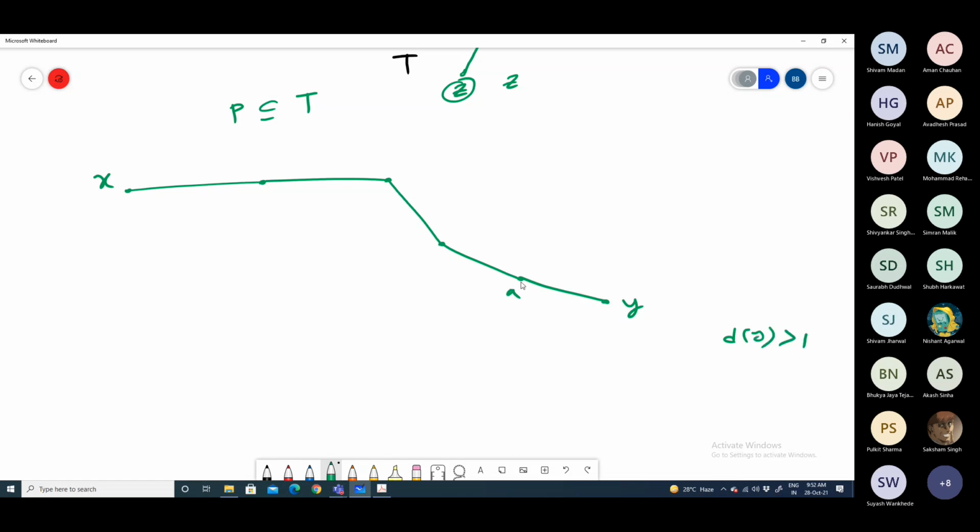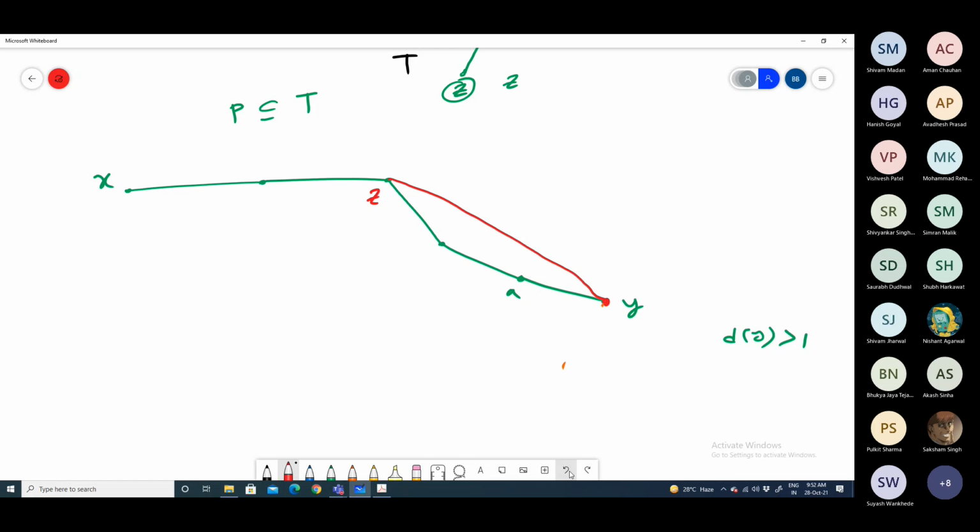Then there must be another vertex Z. There is one possibility that Z may be in P, but Z cannot be in P. Why? If this is your Z and this is your edge, then we have a cycle. So this is not possible, because you have a tree, and a tree does not have any cycle. So Z cannot be this vertex.